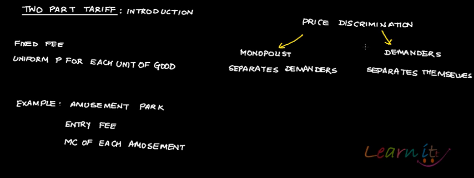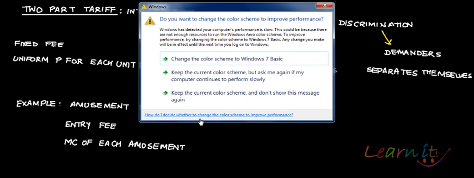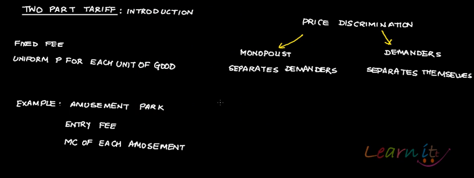Suppose there are two persons sitting and you guys are my customers. I'll charge a different price from one customer and a different price from the other customer. But it's not that I have identified you as different customers. You yourself have identified yourself as a different customer. Now, generally what happens in two-part tariff is that there is a fixed fee which you have to pay for consumption of any good, and then for each unit consumed you'll be paying a certain price.